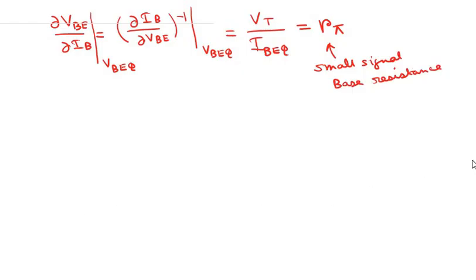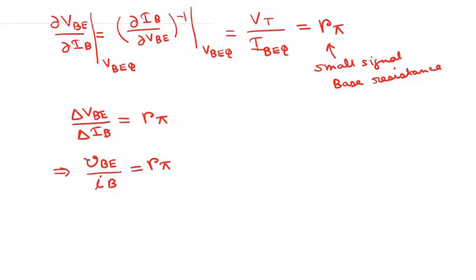So we can write this small increase in VBE, delta VBE, divided by delta IB, the small increase in base current, equal to R pi. Now note that we discussed earlier that this small increase in VBE is due to the AC applied voltage. So this implies that vbe, the AC component of the base to emitter voltage, divided by ib, the AC component of the base current, is equal to R pi.